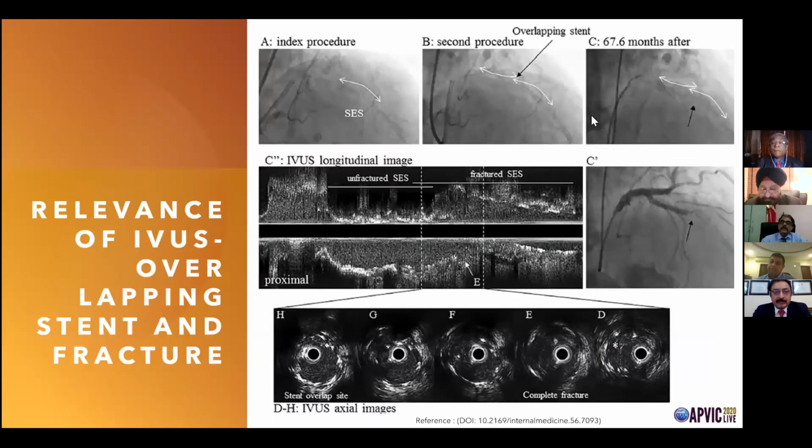If you see what is the relevance of IVUS over overlapping stent and fracture, if you have a co-registration like this, where you have a procedure, then you have a second procedure, and what you see is there's a stent thrombosis. If you do an IVUS, actually what you see is that there have been strut fractures which led to this thrombosis.